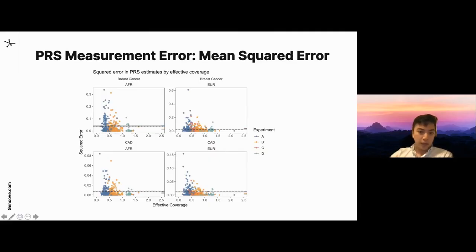And so again, the takeaway here is that measurement error decreases with increasing coverage on the sequencing-based assay, and also sequencing-based assays in general just happen to have a categorically lower measurement error when it comes to polygenic risk score measurement.